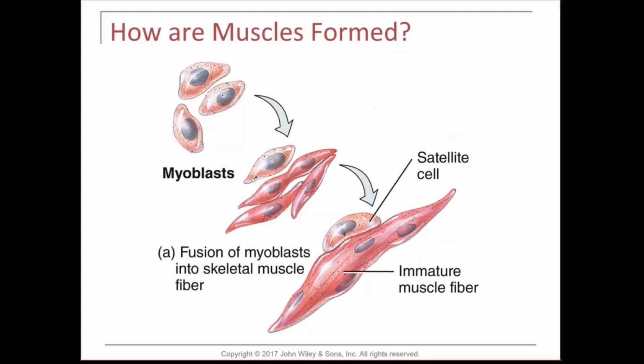We can either have these cells growing in number, which would be considered hyperplasia, or growing in size, which is hypertrophy. Which of these do you think is occurring when your skeletal muscles grow? Are you getting more skeletal muscle fibers, or are you just getting them to grow larger?